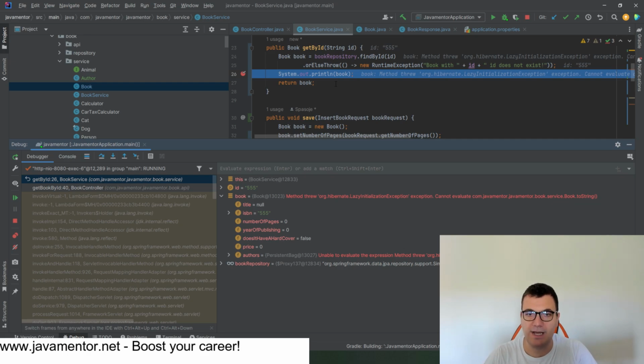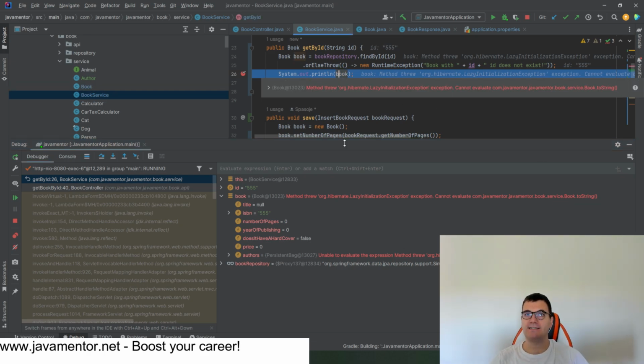That's a proxy pattern. And that is the explanation why we are getting the exception when calling book.getAuthors. Our JPA sees that we didn't fetch authors previously, so it tries to fire an SQL request to the database. Unfortunately for us, we don't have an open session, so that's where this lazy exception is happening.